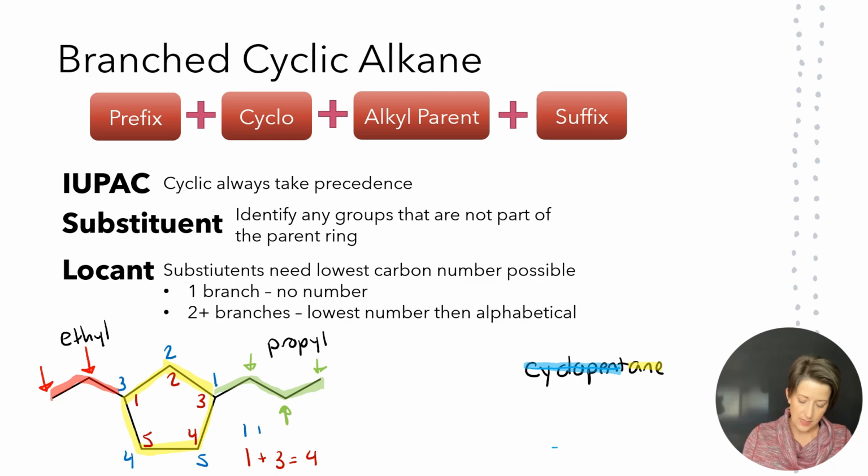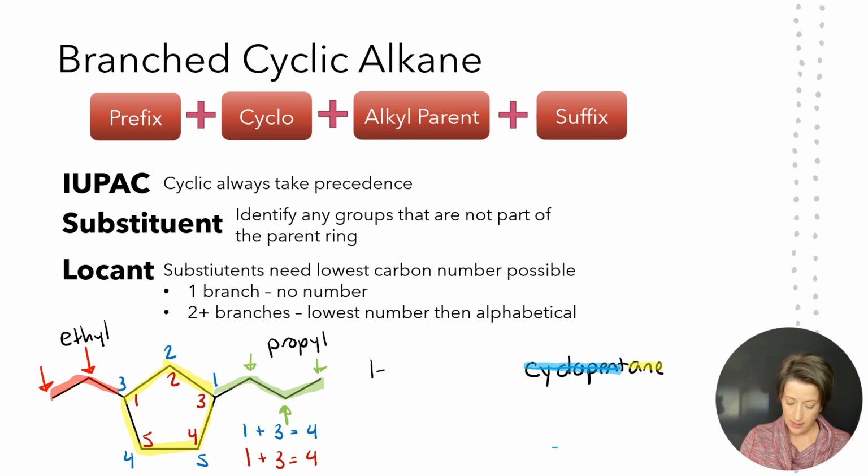So this has me as the propyl group on carbon 1, my ethyl group on carbon 3, and a sum total of 4. These groups are equidistant from each other. So when they're equidistant from each other, we then move to the alphabetical. E comes before P. So E is going to get the lowest locant number.